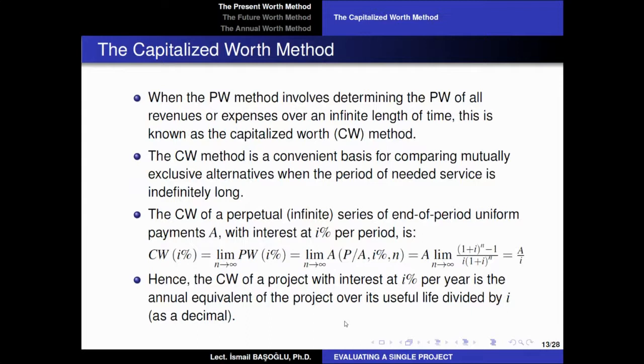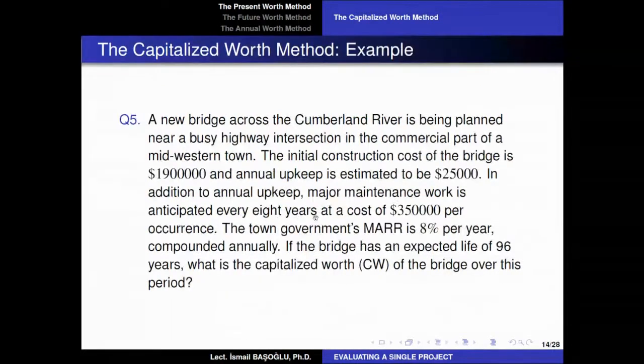So we are just going to pay a major maintenance cost in the end of every 8 years, at $350,000. The town government's minimum attractive rate of return is 8% per year, compounded annually, and the bridge has an expected life of 96 years.